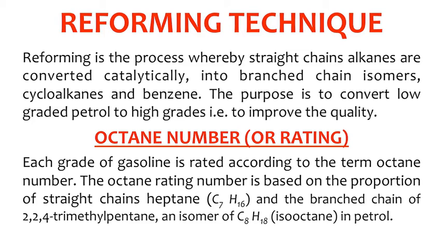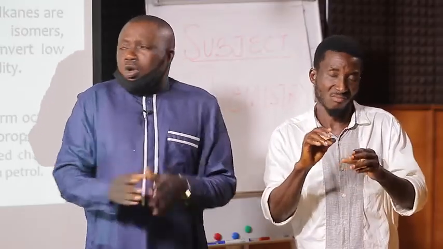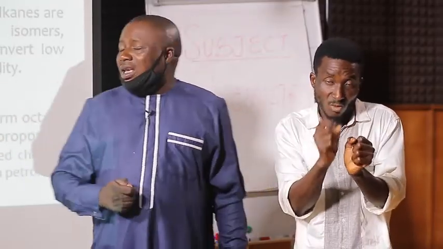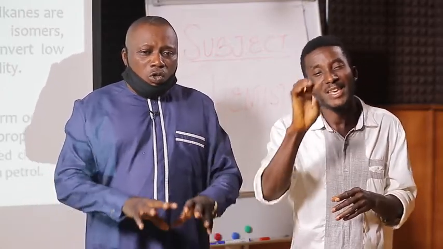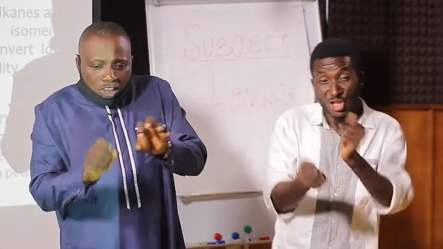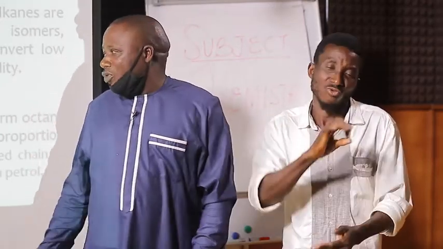The purpose of this practice is to improve the quality of the petrol in order to prevent this problem of knocking in our engine. So in order to do that, we reshape the structure. We add a chemical known as lead tetraethyl as a catalyst, which will change and reshape it to give us a desirable quality of petrol.